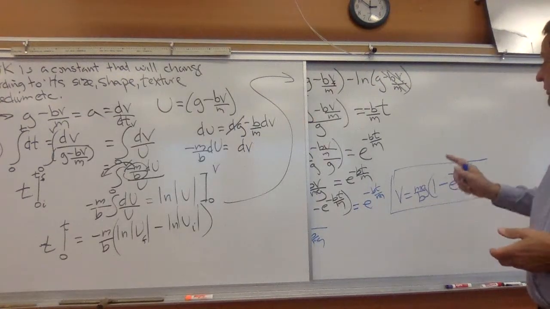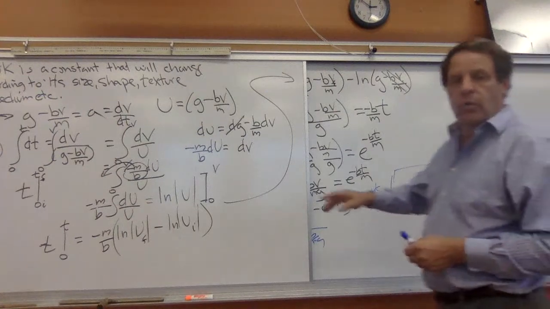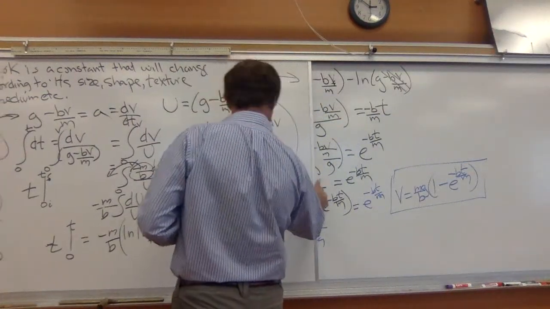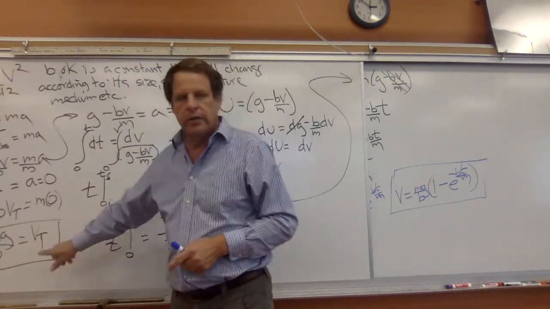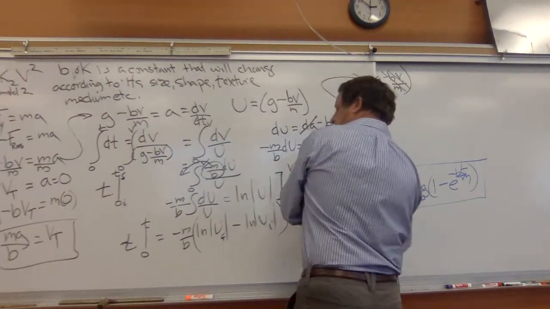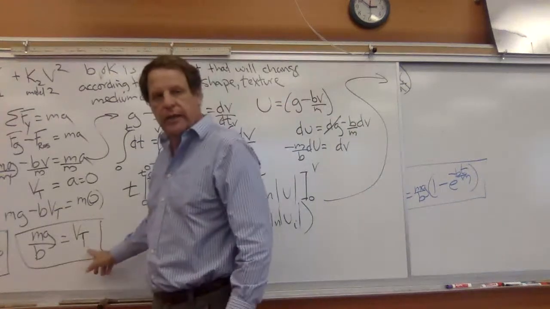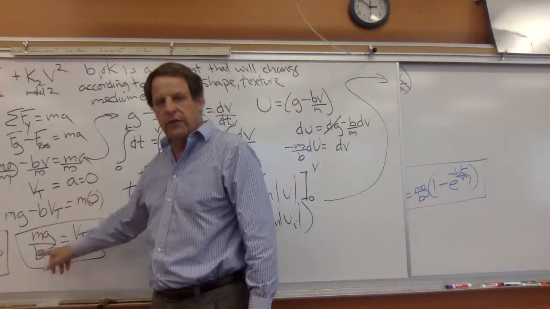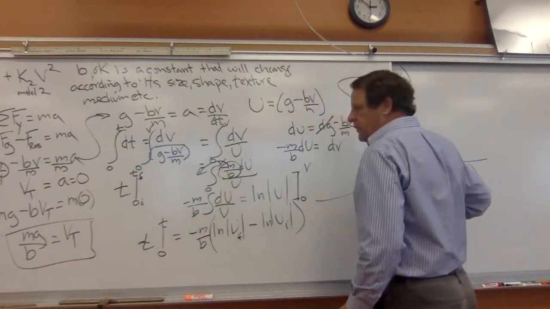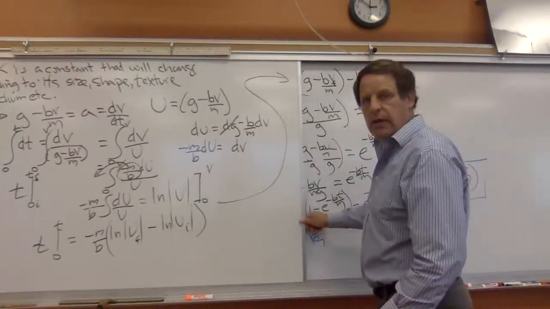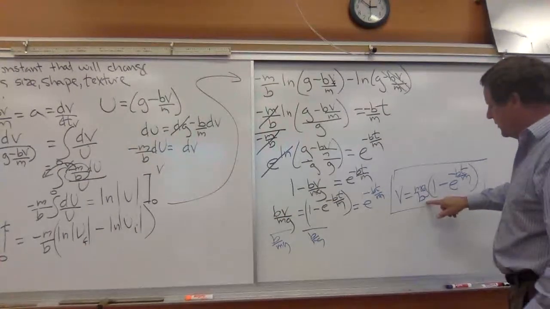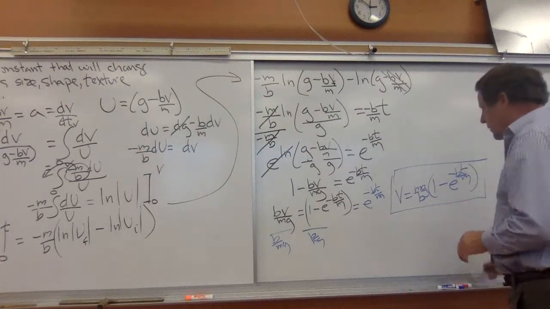Sorry about that, another interruption here. I would like to go way back to what we talked about before when we talked about terminal velocity. Terminal velocity, remember, was mg over b. Looking back over here, we've got mg over b.